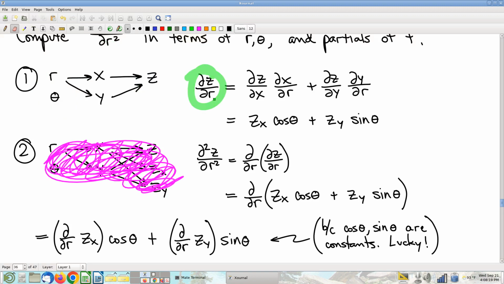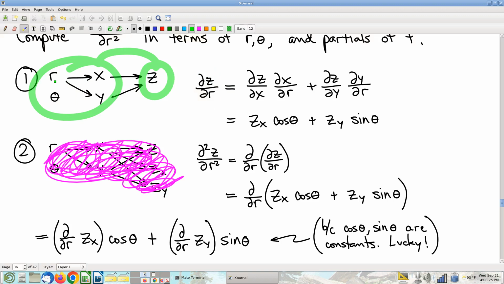What you can't do is view z as being a function of all of them. These are not independent variables. X and y are independent of each other. You could talk about holding one constant, changing the other one, doing whatever you want with any of them. You can't do that with these.